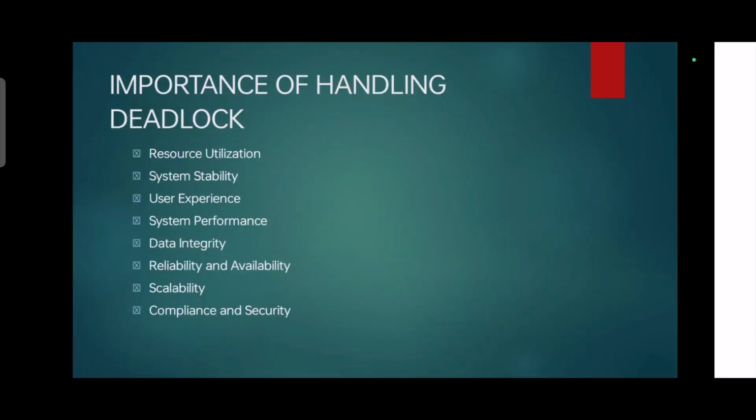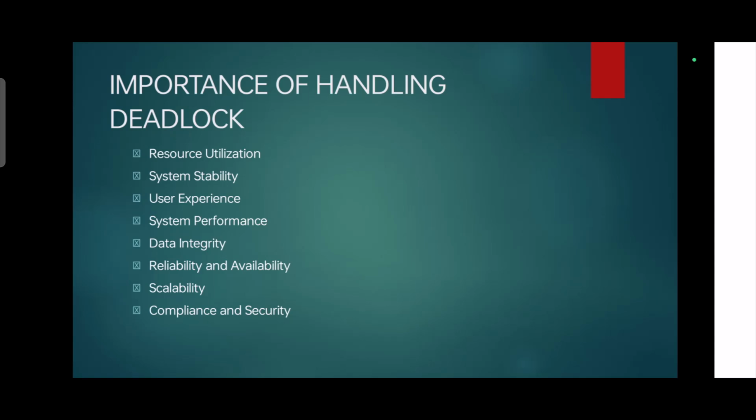Now we will study the importance of handling deadlocks. Why is there a need to handle these deadlock conditions? First point is resource utilization. Deadlocks can lead to inefficient resource utilization. When resources are locked due to deadlocks, other processes or threads may be unable to access those resources, resulting in decreased system efficiency.